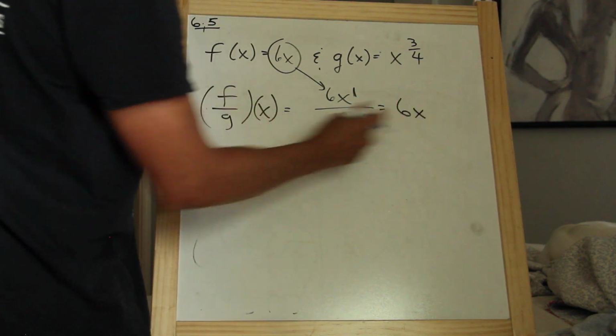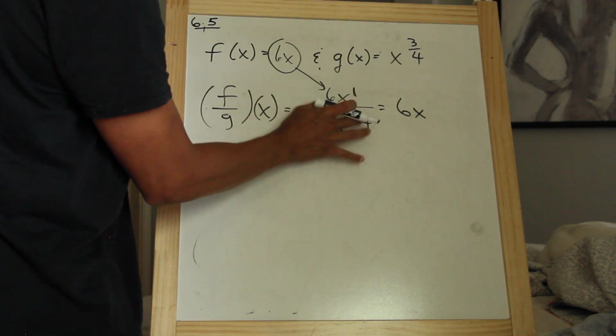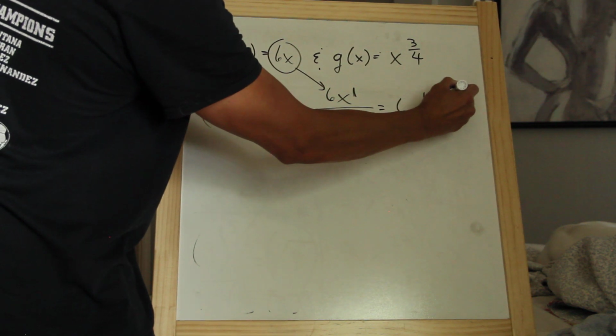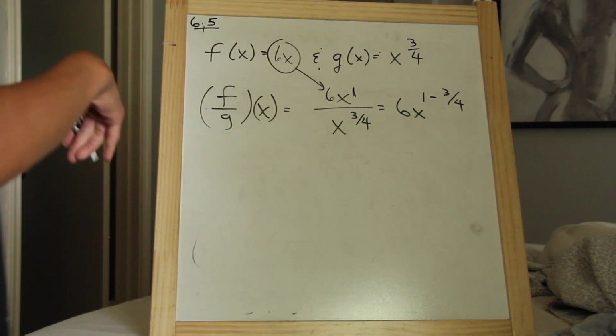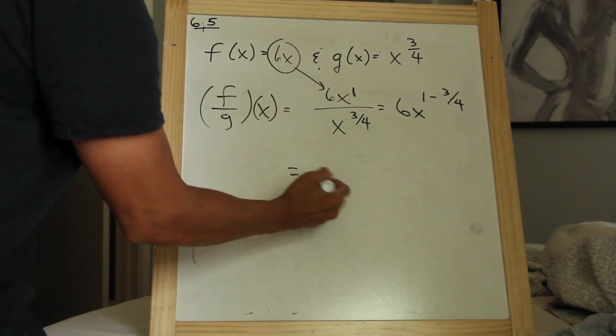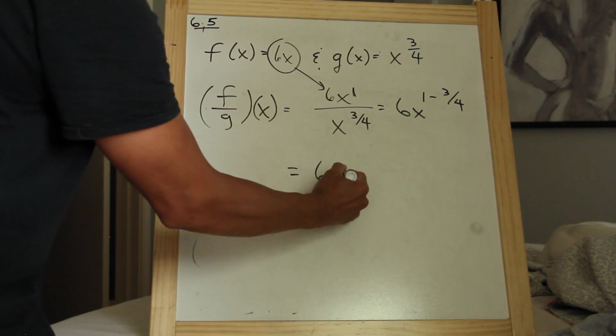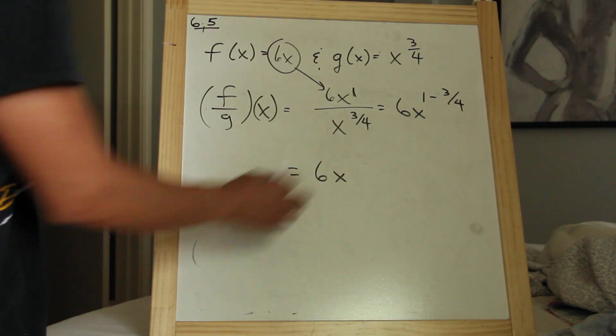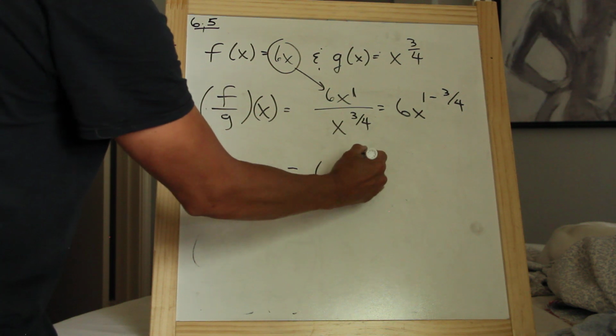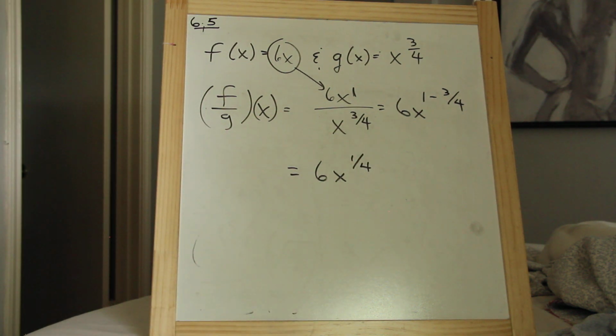I still have my x, but now we subtract the exponents instead of adding like we did in the multiplication part. So this becomes 6x to the 1 minus 3/4, which is x to the 1/4 power. That's what that format looks like.